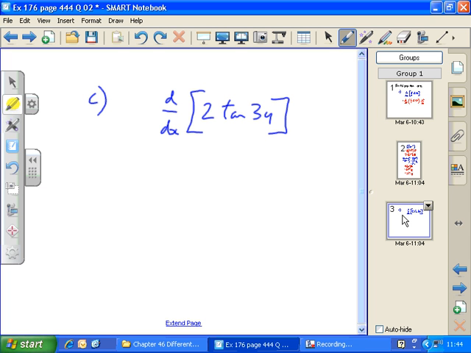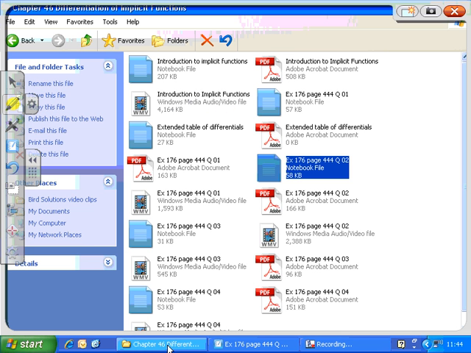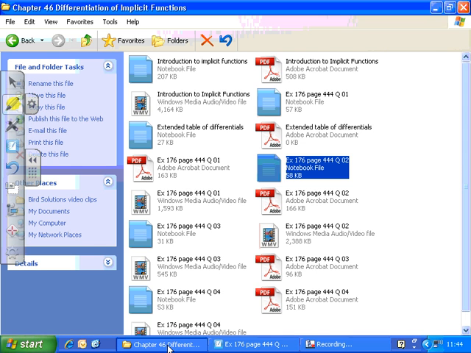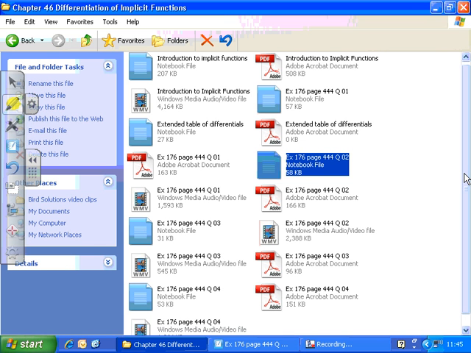Part C, this one involves another standard differential that we haven't really talked about in detail yet. And if you look in this folder on the chapter on implicit functions, you'll see an extended table of differentials. Here we go.